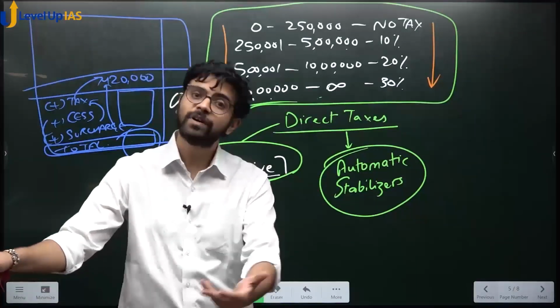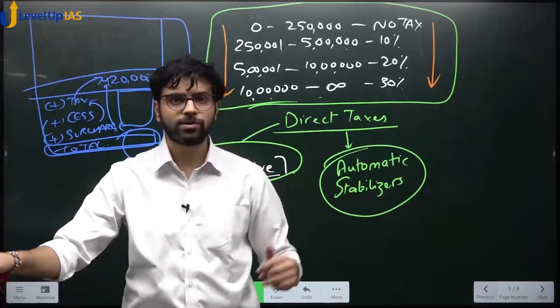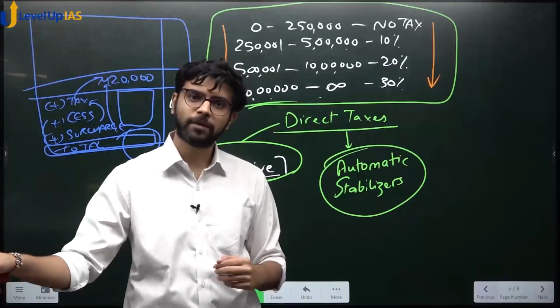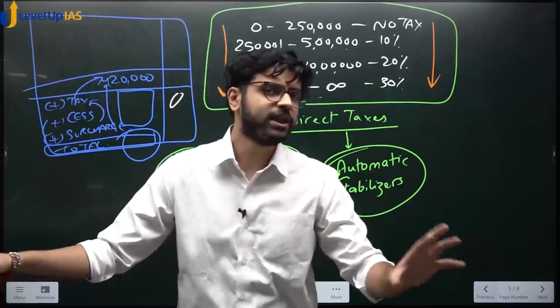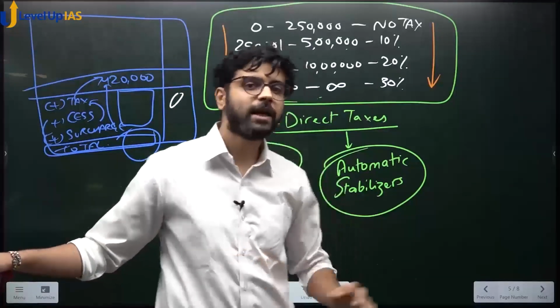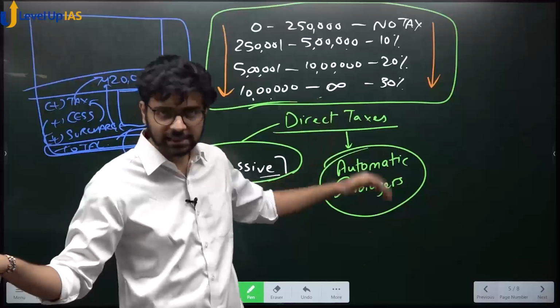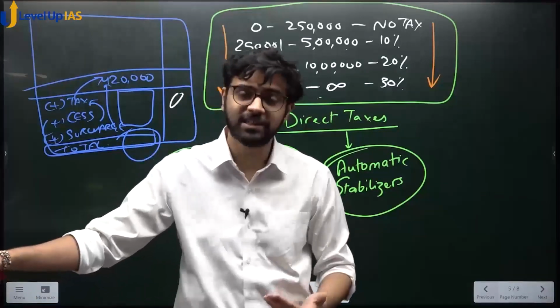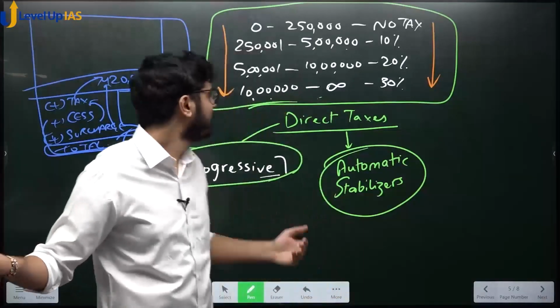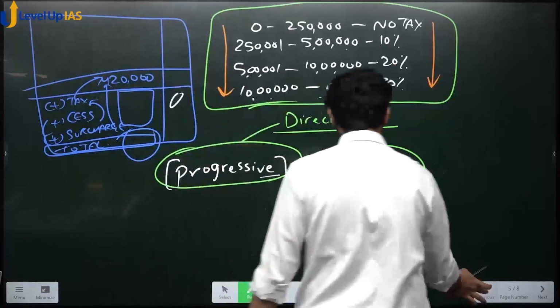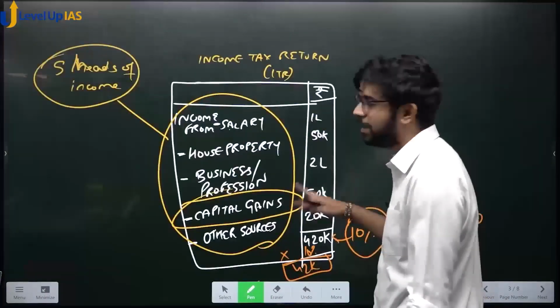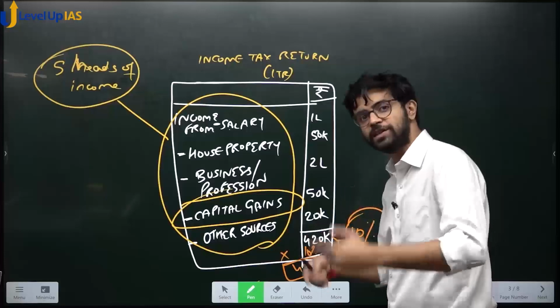ठीक है? There are universities also. There are temples also which earn a lot of income. There are so many types of institutions, don't you think? सबके लिए rates अलग है, सबके लिए taxation methods are different. Just imagine the heads which we discussed. The heads are same, but in this, the process of assessment is different.